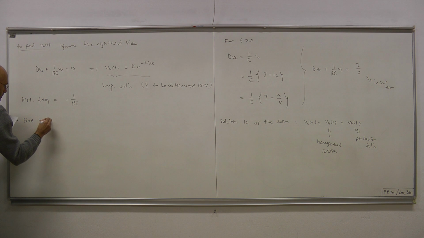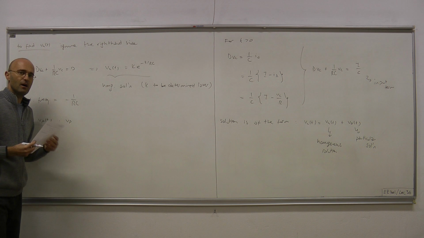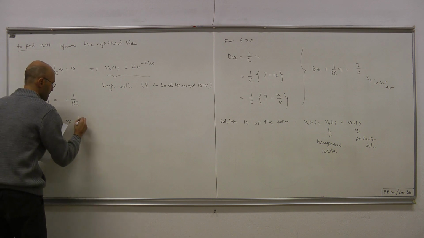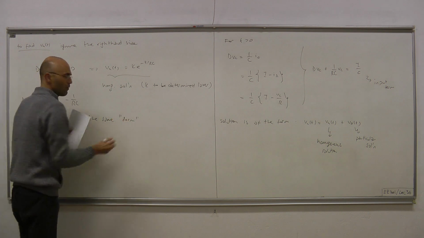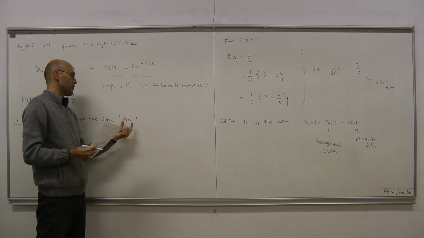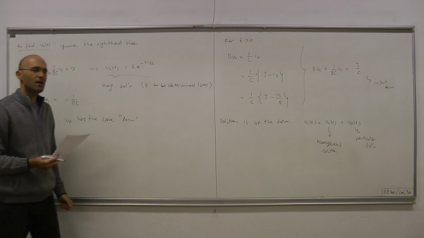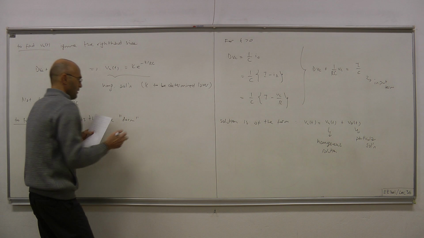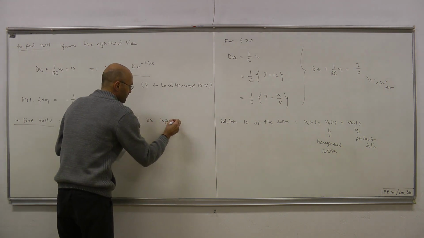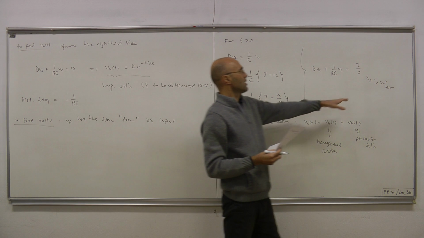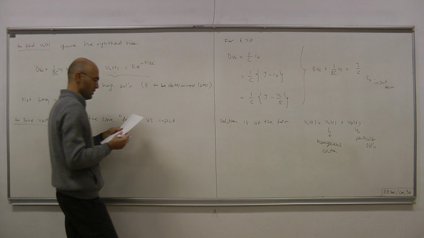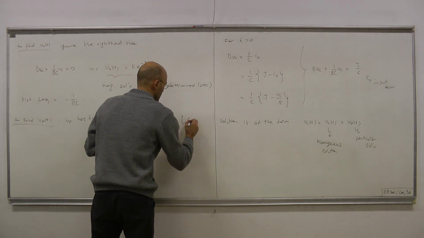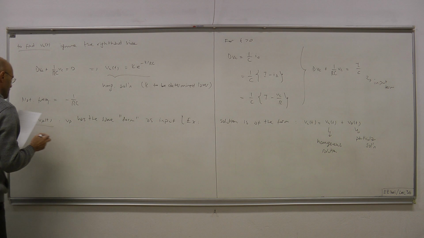Now, to find the particular solution, what we follow is the following algorithm. VP has the same form. At this point, let's not be precise about what we mean by form, but in this case, it means that the input is constant, therefore the particular solution will also be constant.